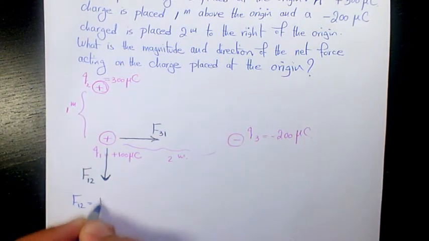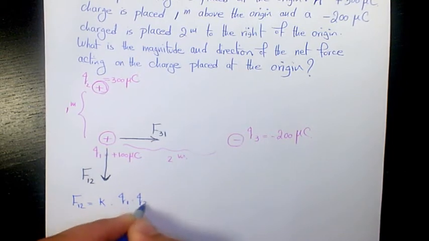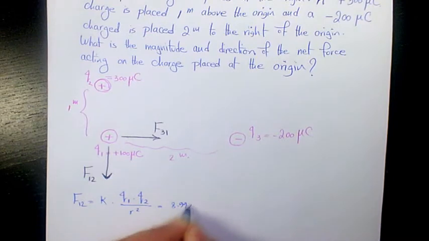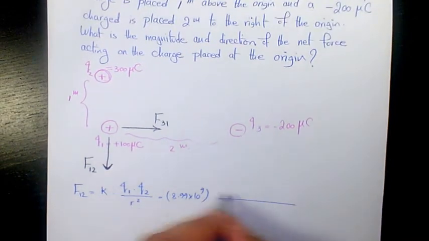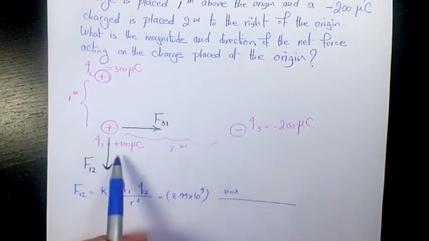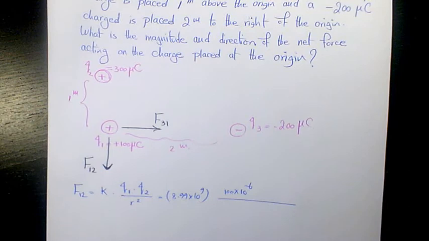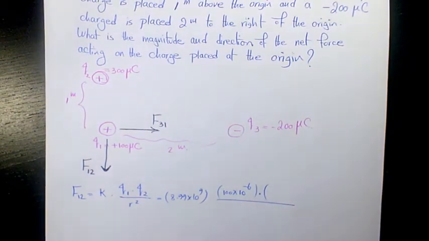F12 is k, using Coulomb's law, times Q1 Q2 divided by r squared. k is 8.99 times 10 to the power of 9, times Q1 is 100. I need to convert it to Coulomb. Since it's microcoulomb, when I convert it to Coulomb, I need to multiply it by 10 to the power of negative 6.